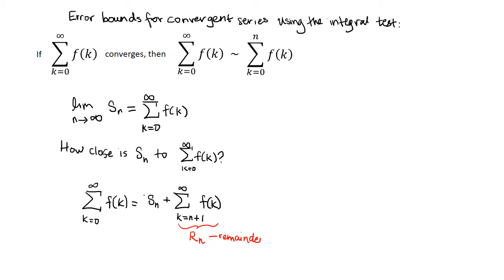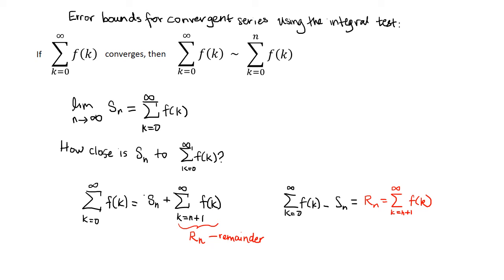And you can see that if we take the sum of the series and subtract our nth partial sum, we're left with Rn, the sum of the series where we start at n plus 1. Okay, so it's the sum of all the terms with indices greater than n.